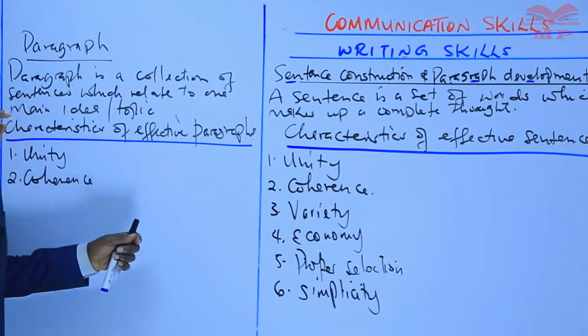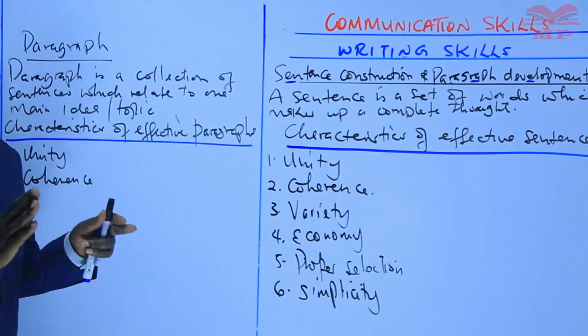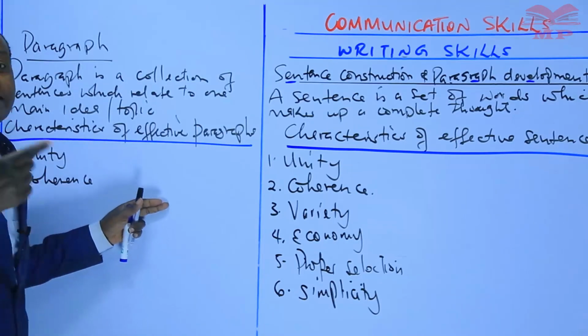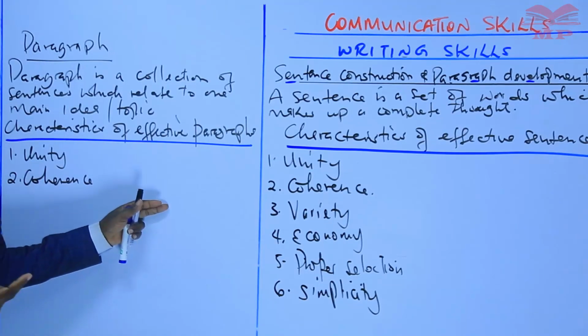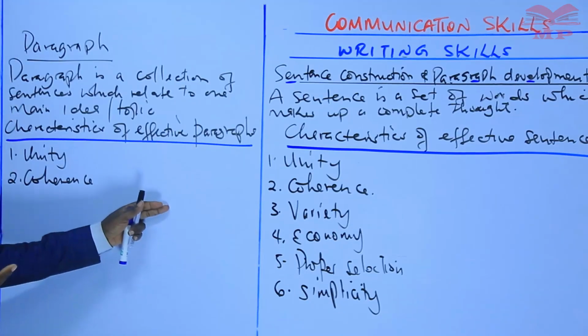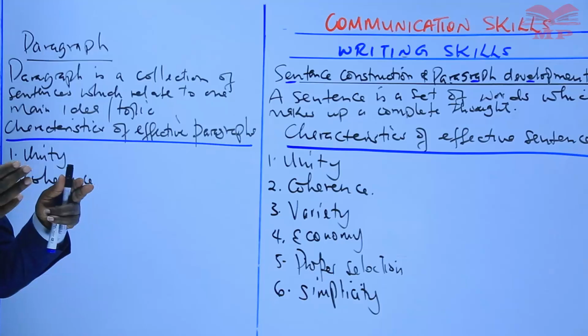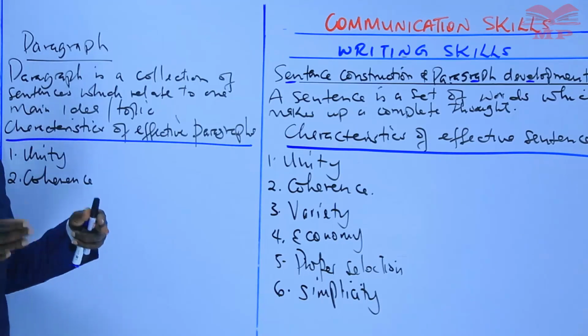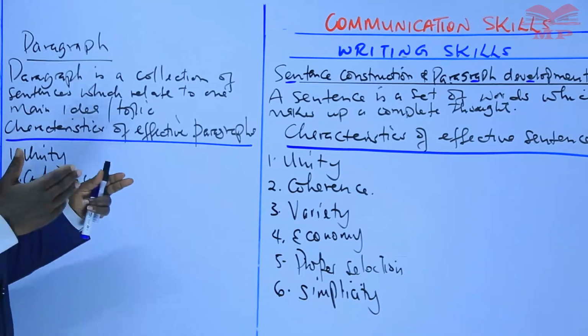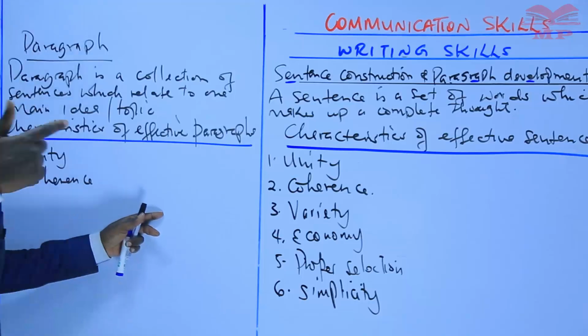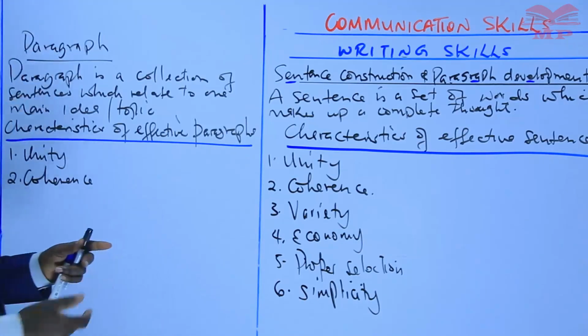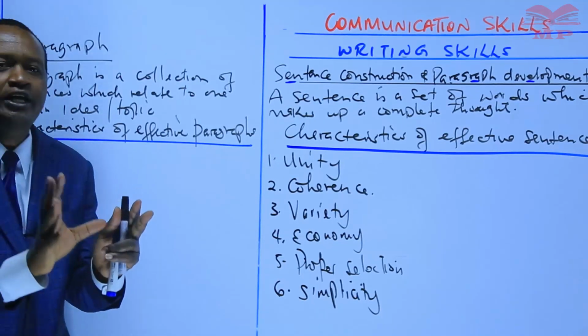When a writer changes main ideas or topics within a paragraph, then confusion often results. And to achieve coherence, a writer should show how all the ideas contained in a paragraph are relevant to the main topic. They should cohere.